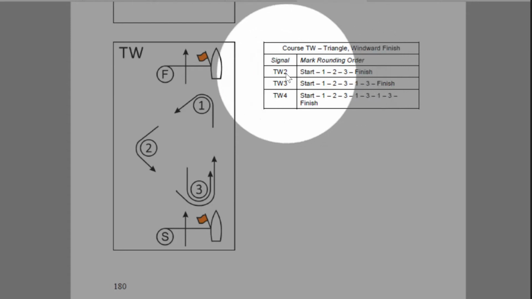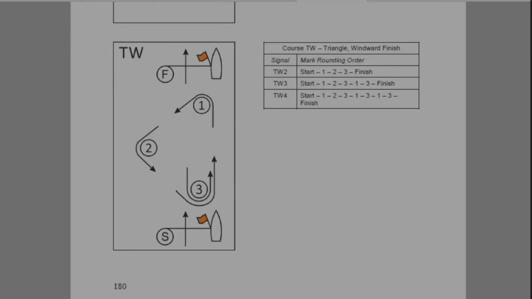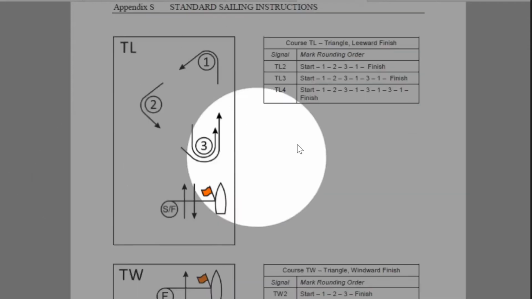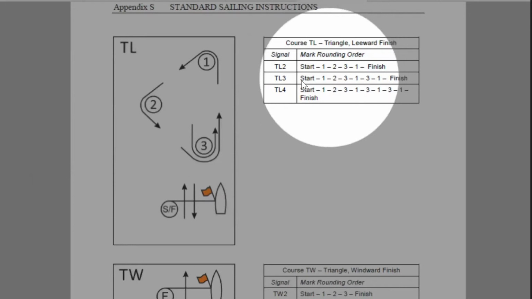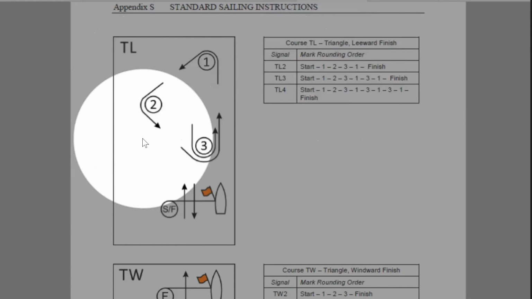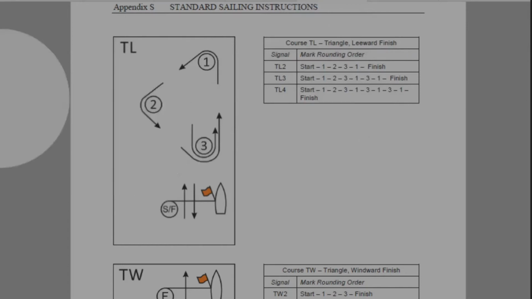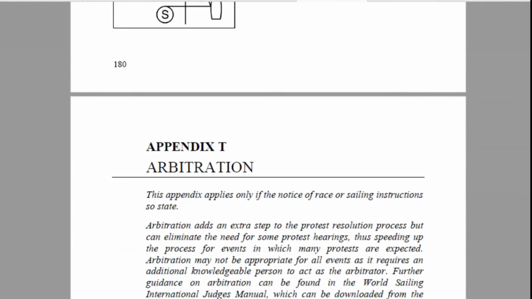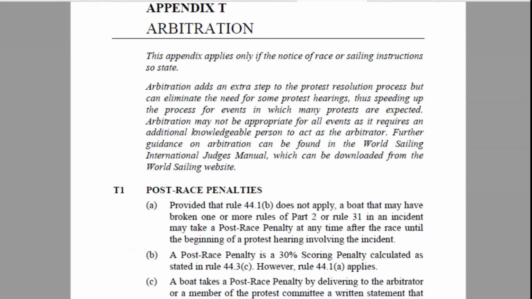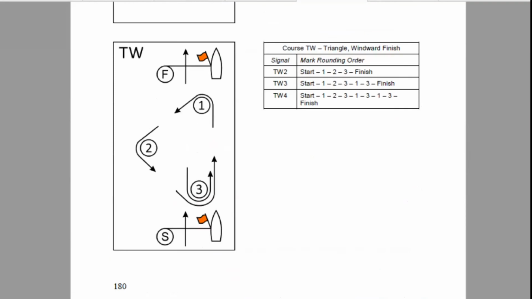This would be the number of upwind legs, not the number of times around the mark. That may be what they're doing for numbering. Yeah. So that would be a way to remember this. But those are World Sailing's standard courses.